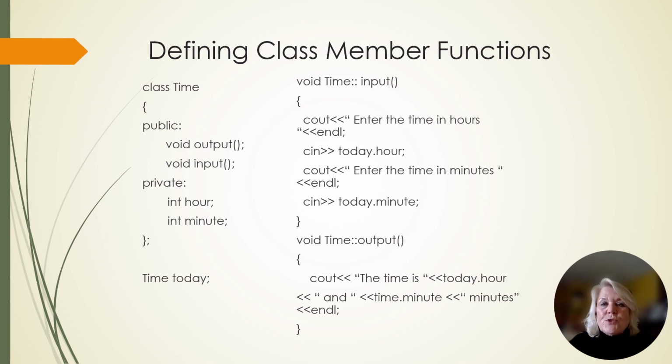Then we have enter the minutes, and that's assigned to today.minute. Then for the output, we have the time is, and then whatever the time is, and the time.minute is whatever the minute is.